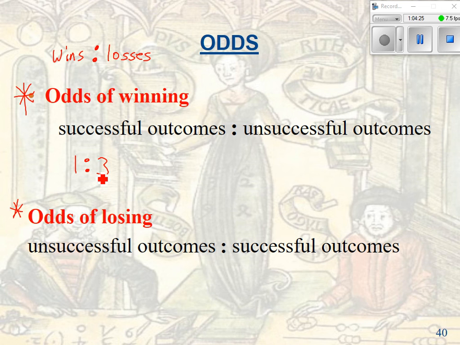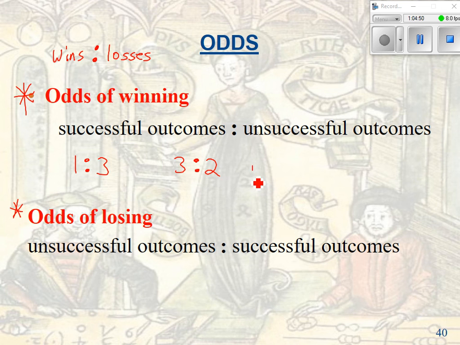So if they ran 4 races, you would expect that they won once and lost 3. All right? So when they show you a horse with 3 to 2 odds, that means they're going to win 3 times and lose twice, out of a total of 5 races.